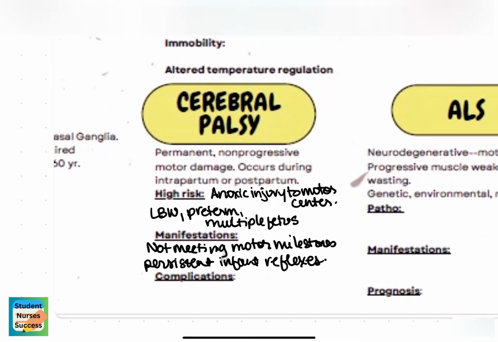Muscle tone may be increased and even spastic or hypertone. Diagnosis usually comes about 1 to 2 years of age, and that's when they're not meeting their motor milestones and it becomes evident.